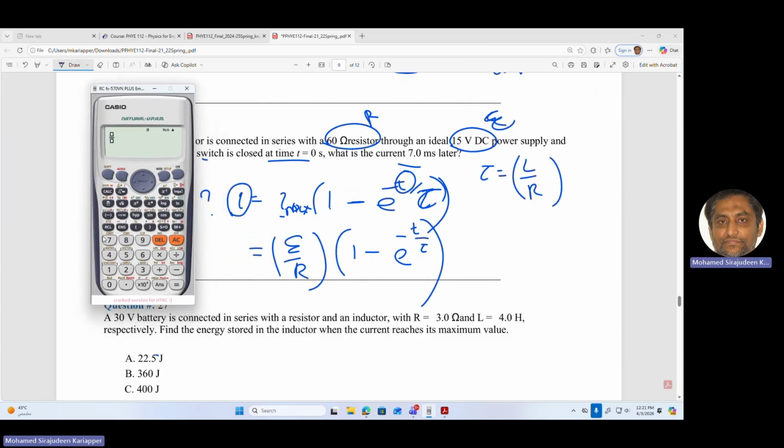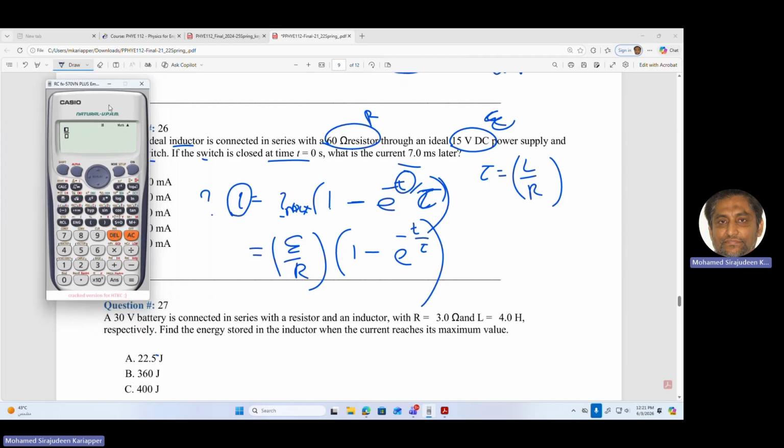Do the fraction. E is 15 over 60 SI unit, okay, multiply 1 minus shift ln fraction again, negative sign, t is 7 millisecond, right?